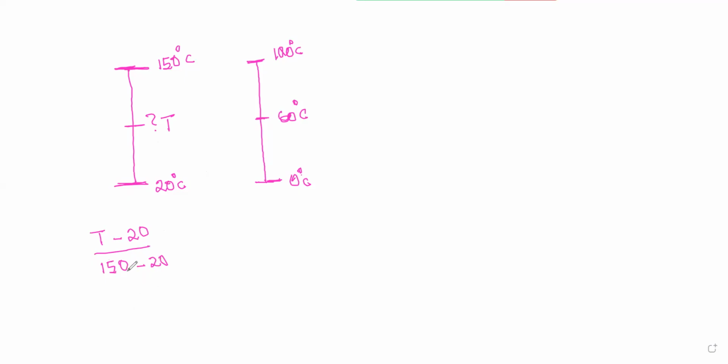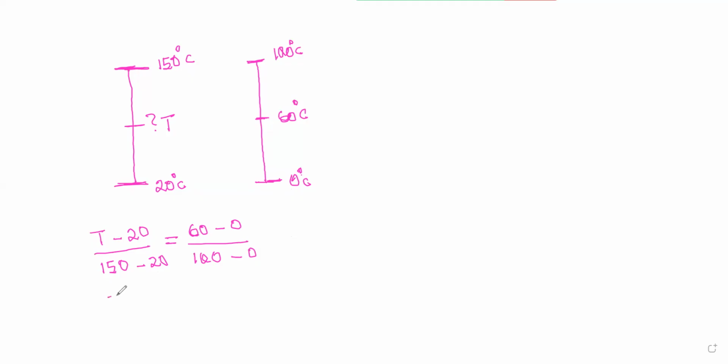I can also decide to bring 150 minus 20 as a numerator. What matters is that when comparing it with the other one, you must follow the same order. So here too, it must be 60 minus 0 on 100 minus 0. The moment you change the order, then you are inviting trouble for your own self.